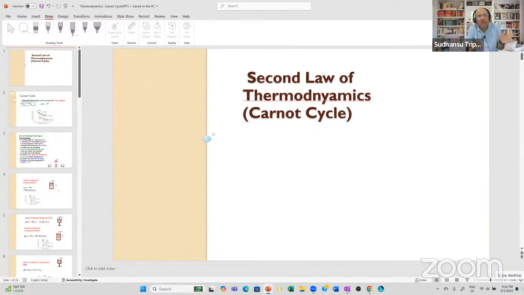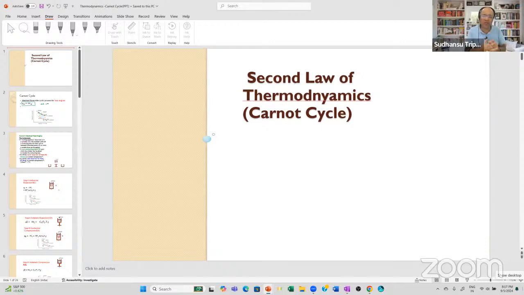Because outside temperature is low, inside temperature should have been low, but because it is throwing heat to the room, acting as a hot sink, your room is getting heated. So we talk about that and how to find the performance coefficient.